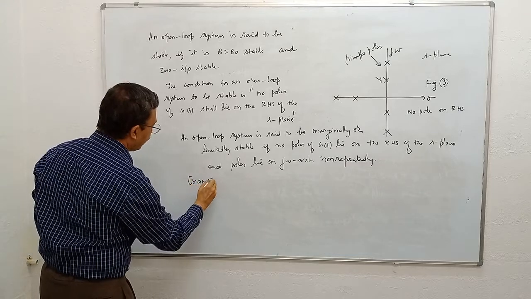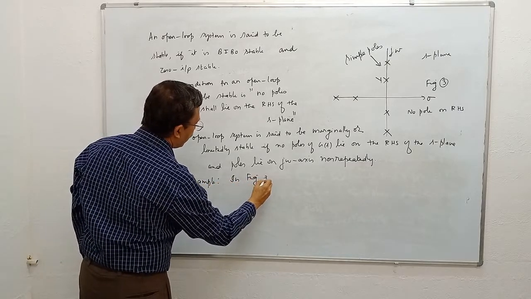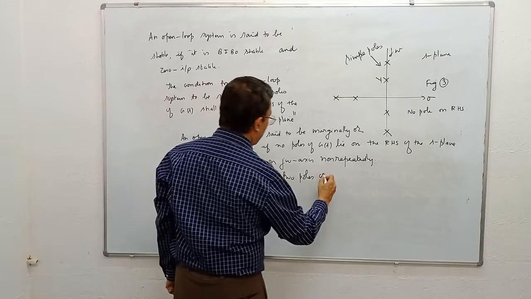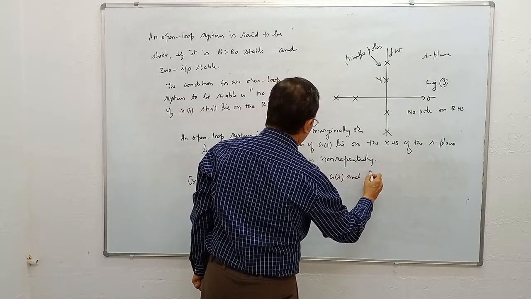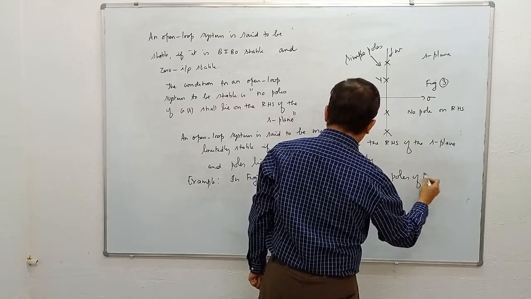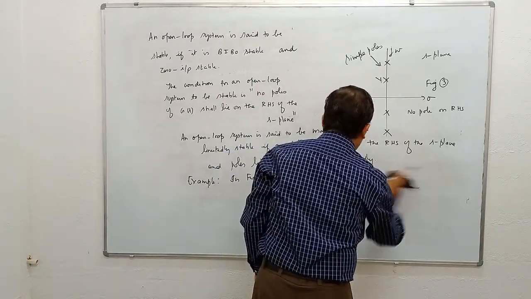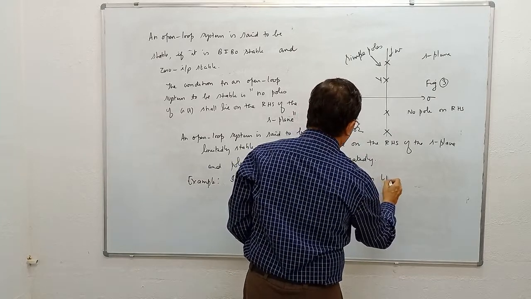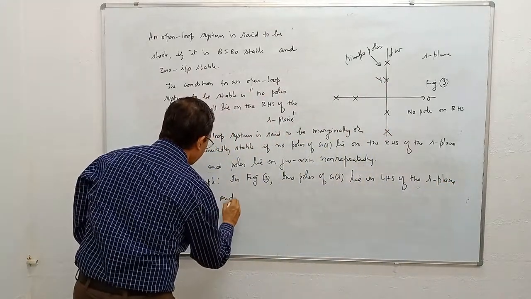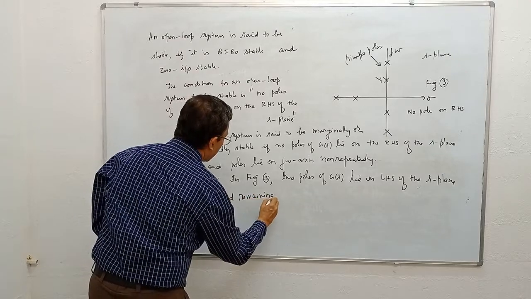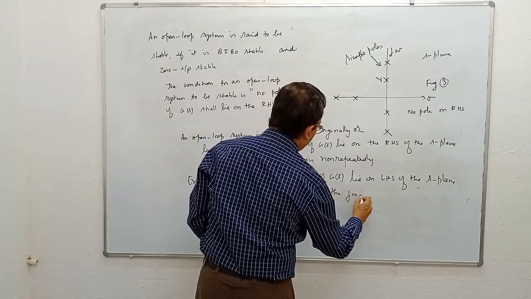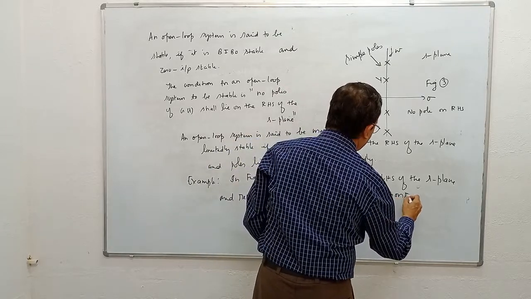Example. In figure 3, two poles of G of S and four poles of G of S lie on the LHS of the S plane and the remaining poles lie on the j omega axis non-repeatedly.